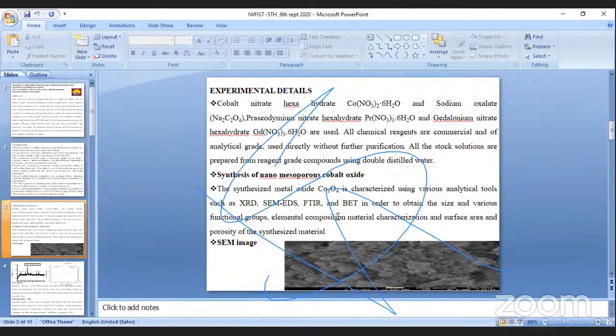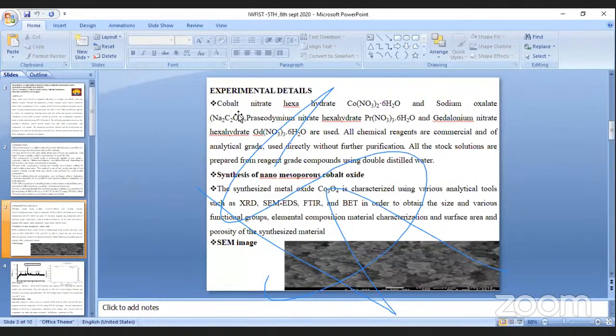Coming to synthesis, the synthesized metal oxide Co3O4 is characterized by using various analytical tools such as XRD, SEM, FTIR, BET, etc. So the functional groups, elemental composition, material characterization, and surface area information can be obtained from it. The SEM image can be observed here.